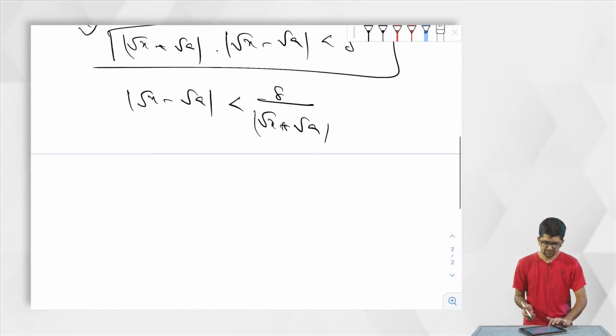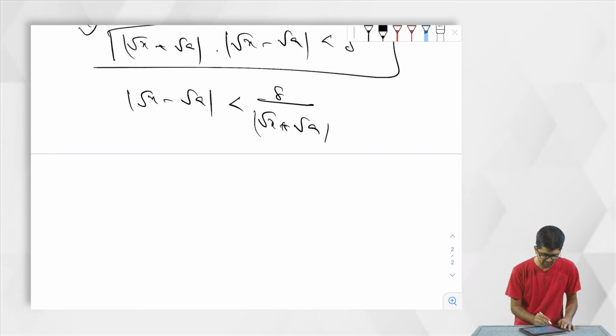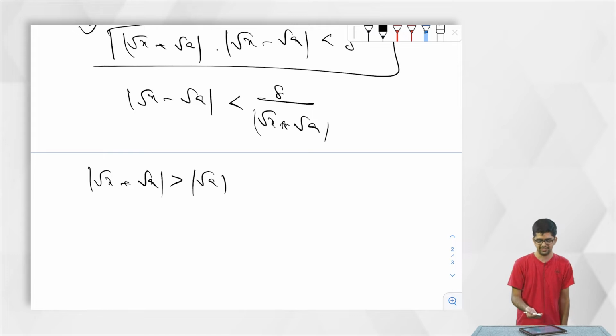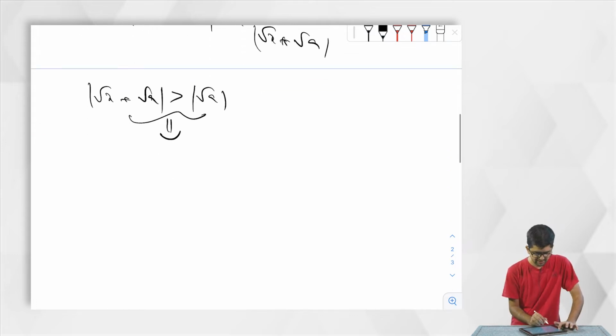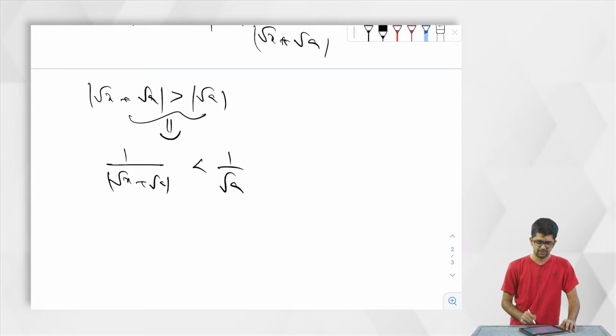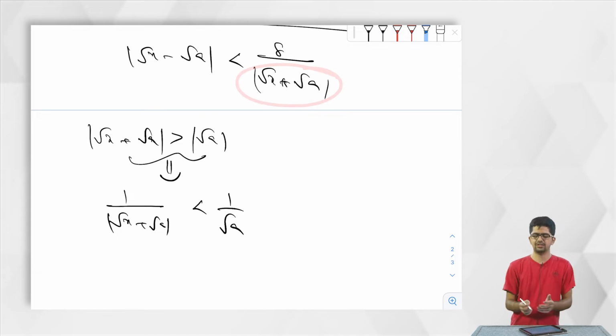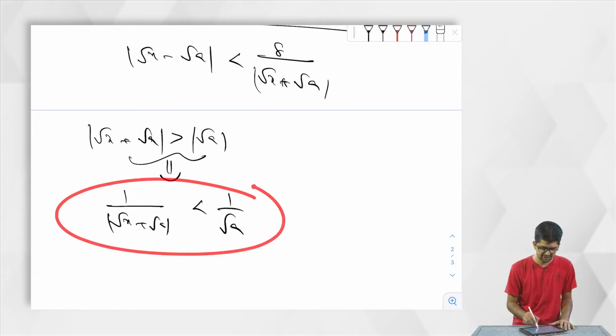So root x plus root a is always greater than root a. Mod is not necessary, but still. This implies 1 by root x plus root a is less than 1 by root a. I have this extra term and want to get rid of it, so this is the approximation that I am making.